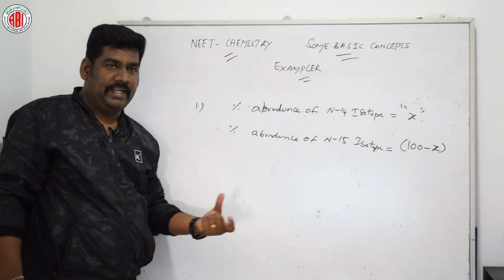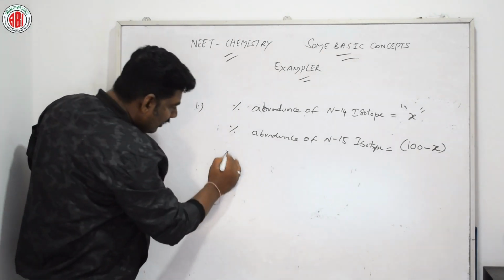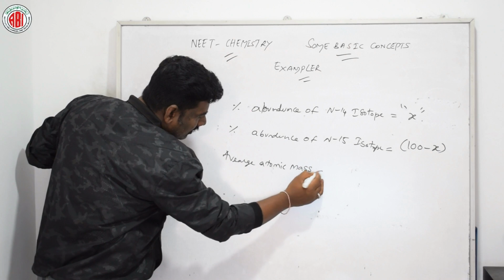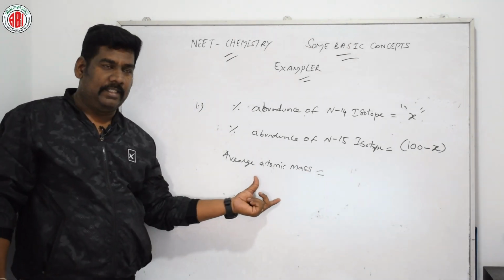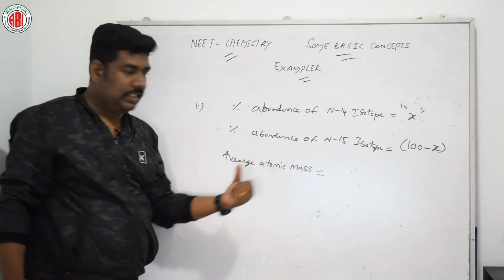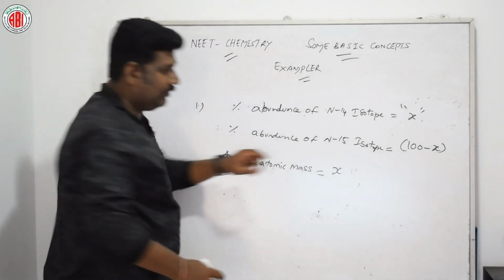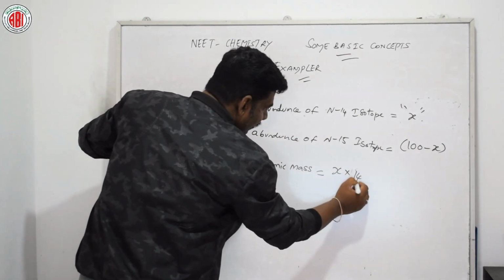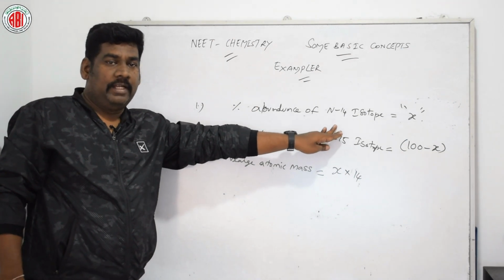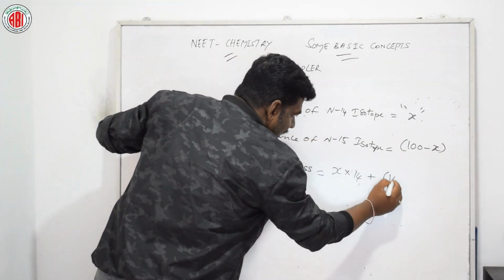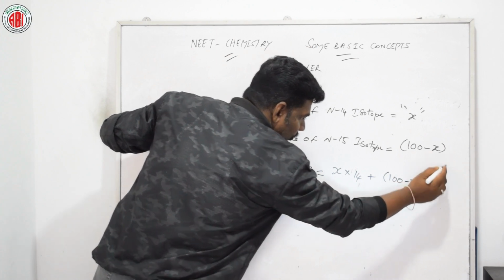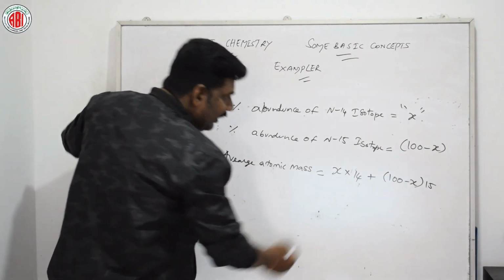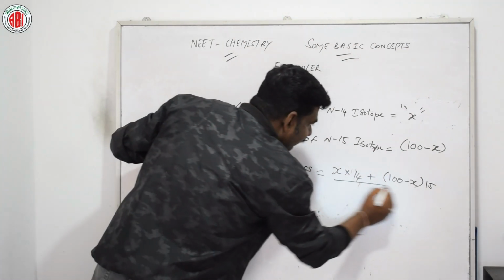Now let us find the average atomic mass. For both the isotopes: X into 14 for the first isotope, nitrogen 14, and similarly 100 minus X into 15 for the second isotope, nitrogen 15, all divided by 100.